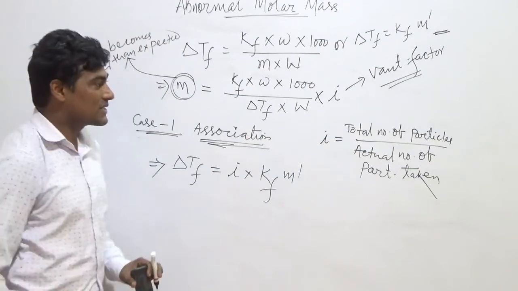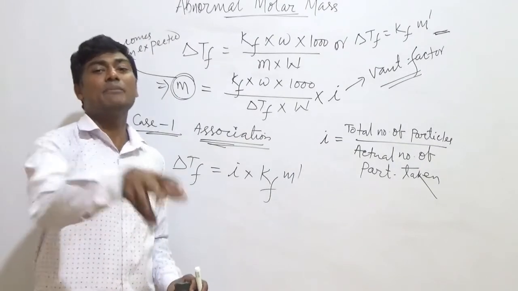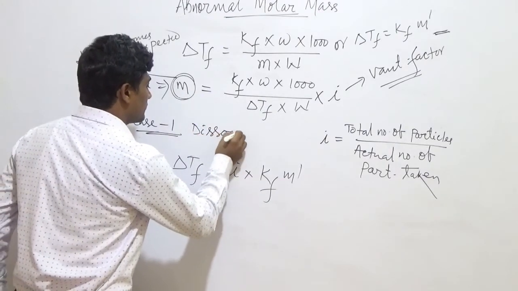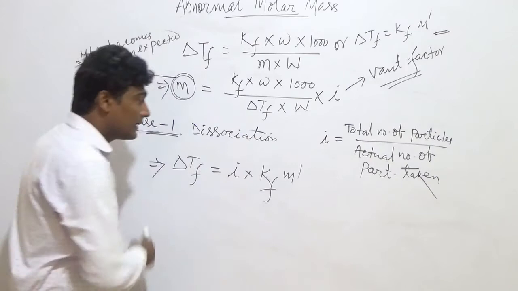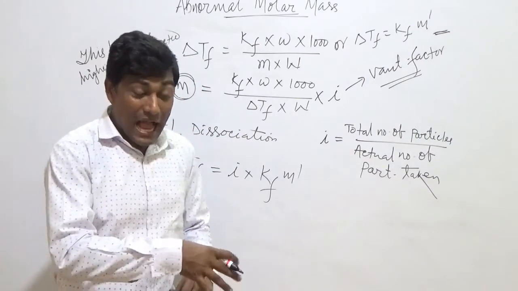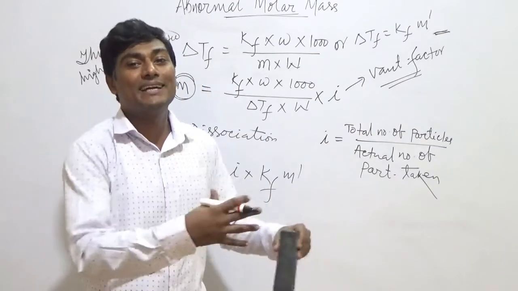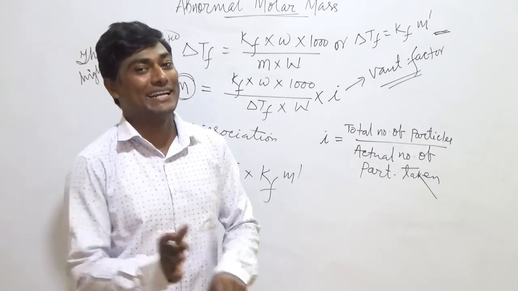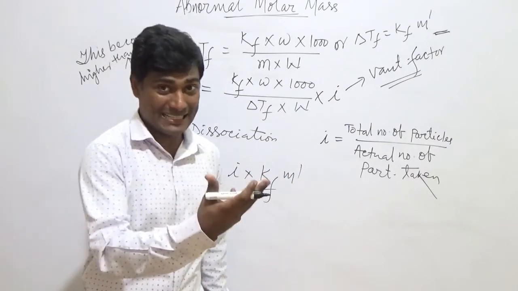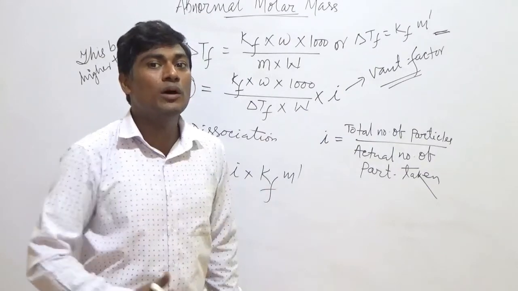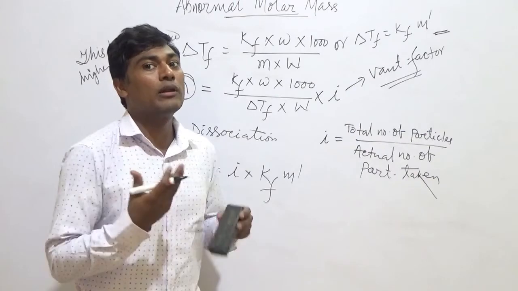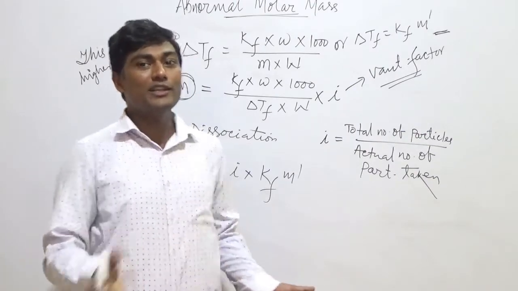Are you getting it? So we can also discuss the same case for dissociation now. In case of dissociation, the total number of particles after addition becomes greater than what was actually added. Once the number of particles increases, colligative properties will rise. If colligative properties rise, then the molecular mass will be smaller than the true value.